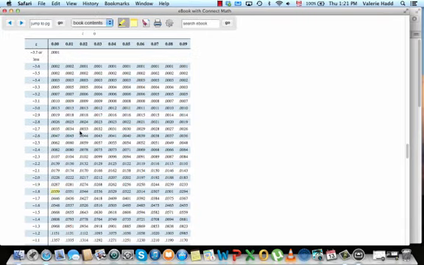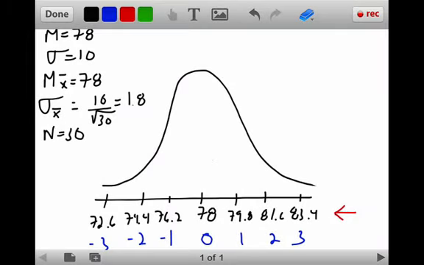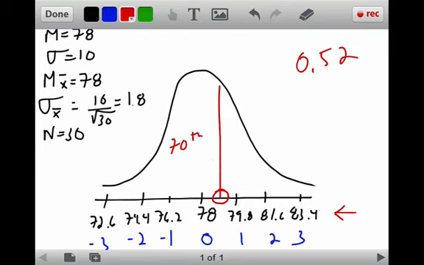So that's our z-score. Okay, so in the table I got a z-score of 0.52. Okay, so if I locate it on my graph, 0.52 would be about halfway through here. So the score that I'm interested in is this one right here. Okay, so this score would represent the 70th percentile.